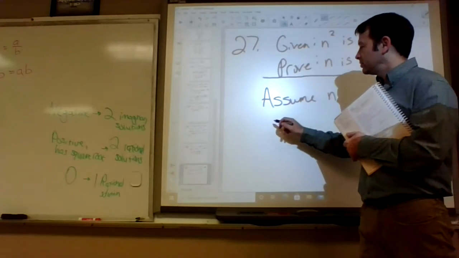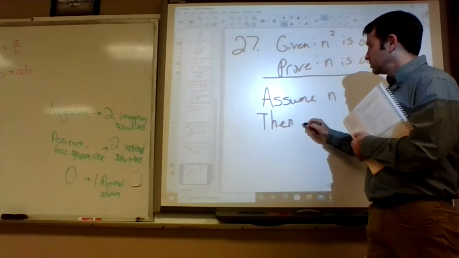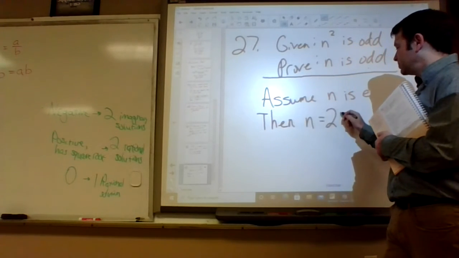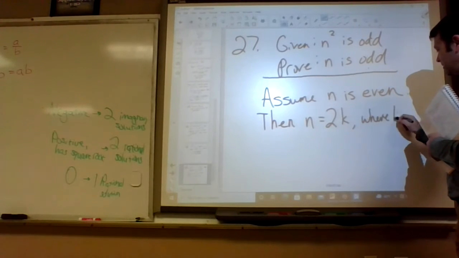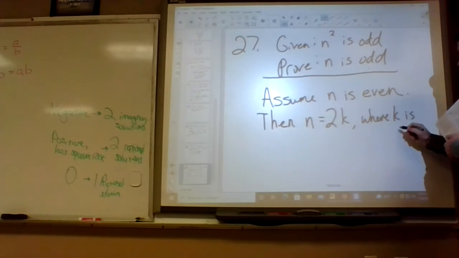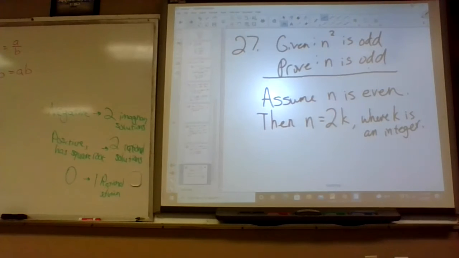So I'm going to say n equals 2k, where k is an integer. Is that it?